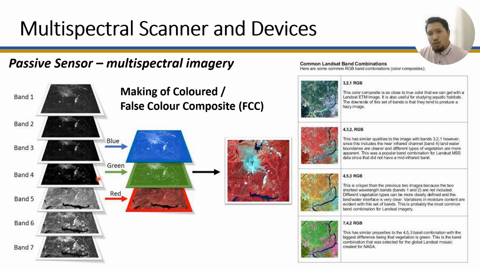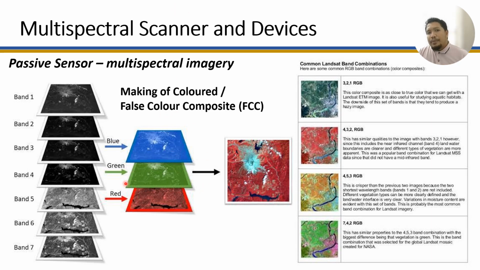And then the blue band, band 1, is assigned to the blue channel. So 3, 2, 1 is the red, green, and blue channels. When we assign the correct bands to the correct colors, it will produce an image similar to what you see on Google Maps in satellite mode, like this one. 3, 2, 1 RGB: we assign the same color in the correct channels.